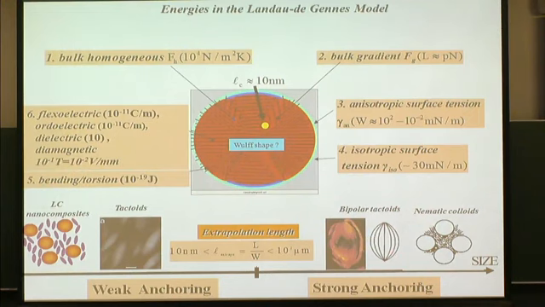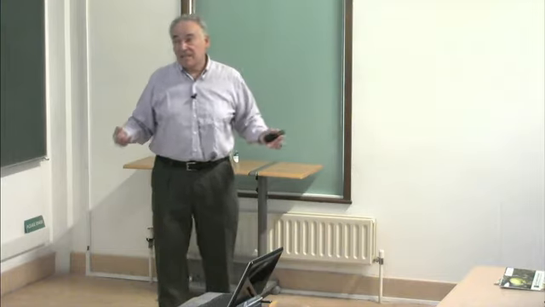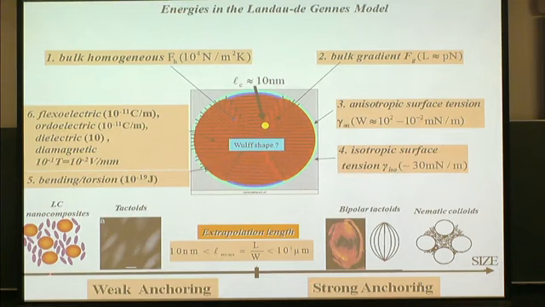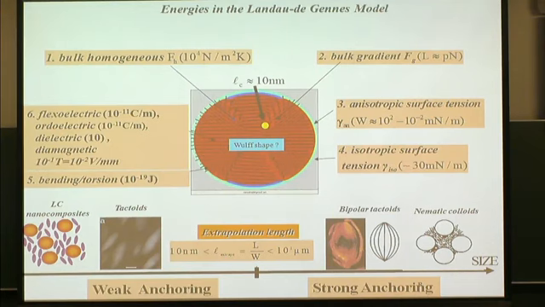Because you have strong anchoring. On the other hand, if your particles are nanoparticles, very tiny, or you have nano drops of liquid crystals, this geometric size is much smaller than the internal length scale. You have weak anchoring, and the particle won't distort the orientation. So this is question number 1: whether you are in the strong anchoring regime or the weak anchoring regime, or you are close to a transition.